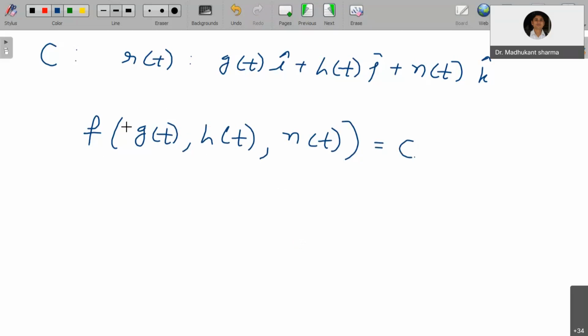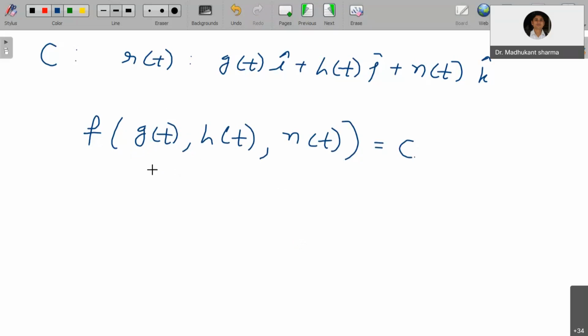Now you can differentiate, because we are assuming that f is differentiable. When you're talking about the gradient, we are assuming first that f is differentiable. So apply the chain rule.